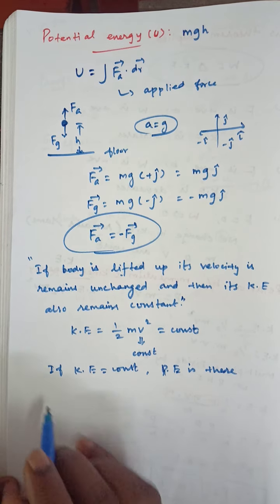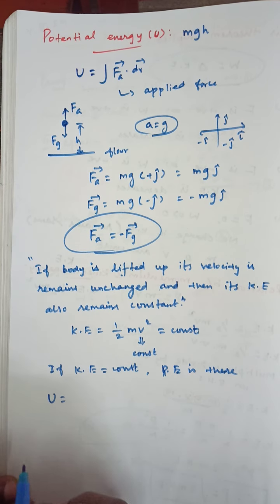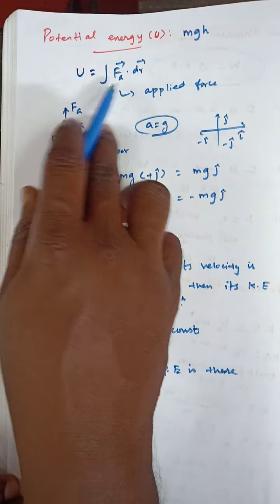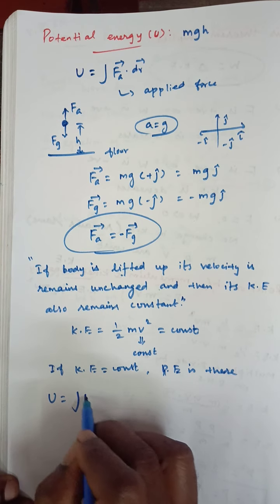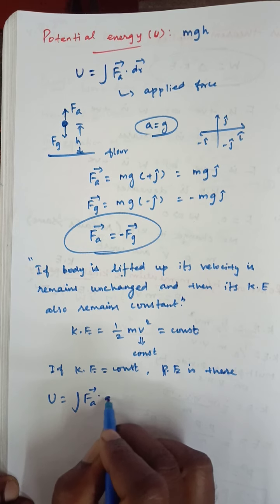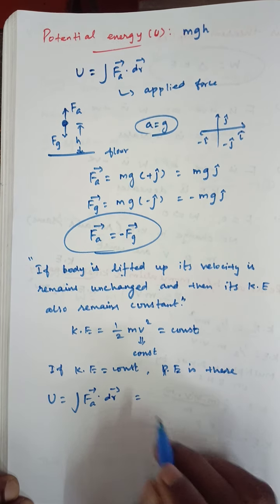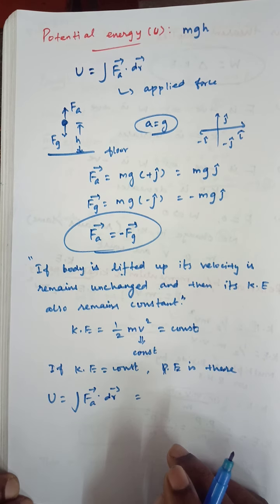Okay, so we write U is equal to, the applied force and the other force are both the same only, so we take Fa into dr, applied force into dr. Okay, so we have the limits for the object which is placed above the floor.